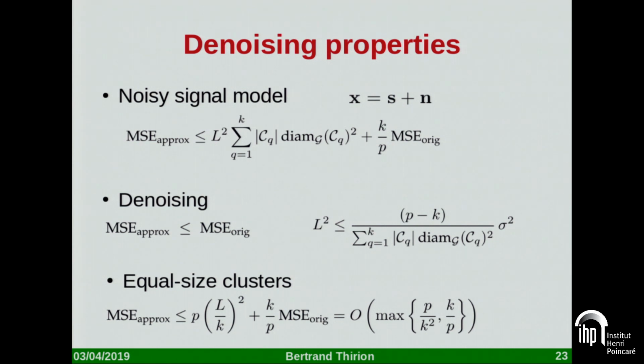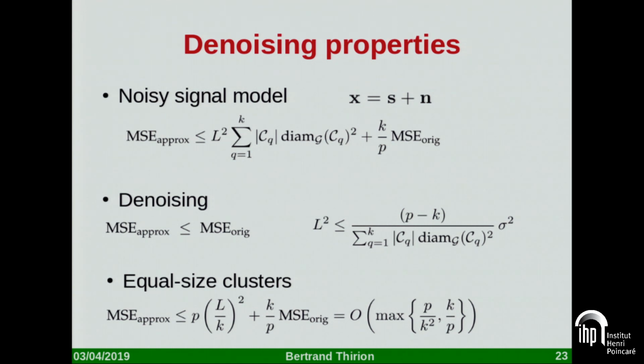So in that case, you can easily show that the mean squared error of the piecewise approximation of your signal is bounded by two terms: a bias term that is essentially related to the Lipschitz constant, so the bias that you have by replacing the pixel values by the local clusters, plus a variance term, which is the additional noise.